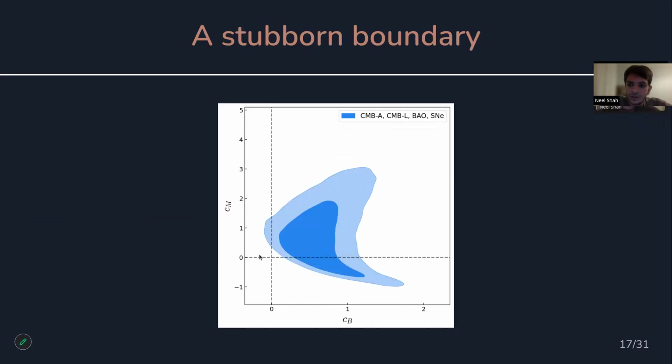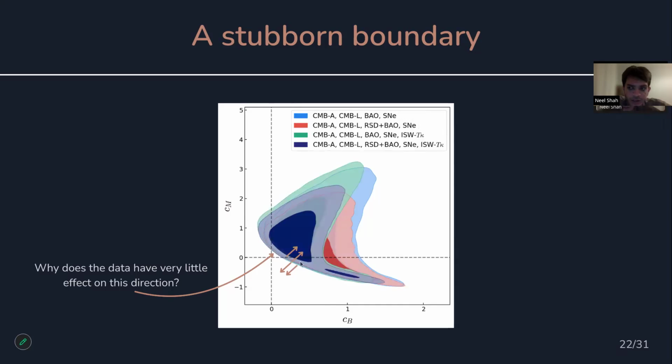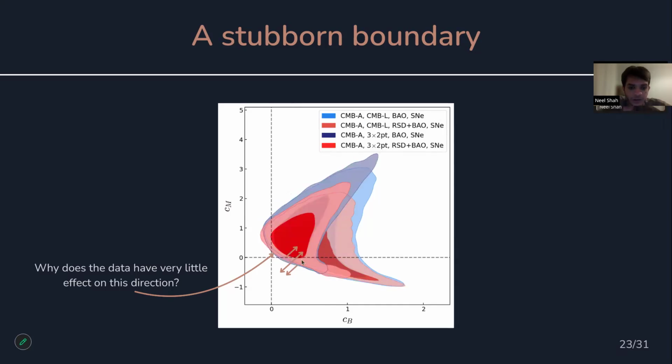So in the previous plots, I was showing how our constraints change depending on what likelihoods we add. But now I want to focus on something that does not change with our likelihoods. So this particular region of the posterior, the boundary here, as you can see, this boundary hardly moves, no matter what likelihoods we are using to get our constraints.